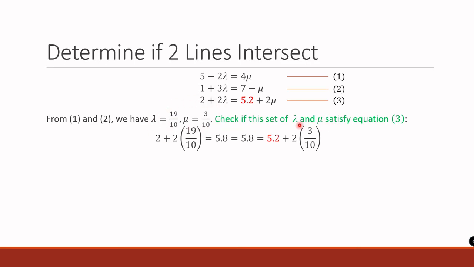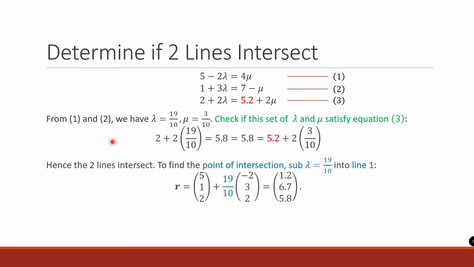Then I check whether they satisfy equation 3. When I substitute inside, the left and right hand sides are both equal to 5.8. So what this means is that I can conclude the two lines will intersect. And to find the point of intersection, I can just substitute lambda equals 19 over 10 into line 1.